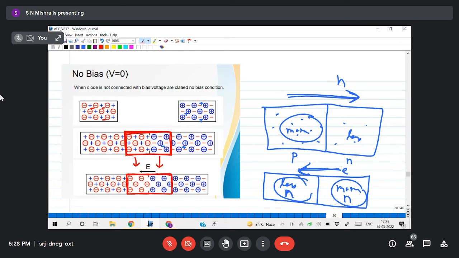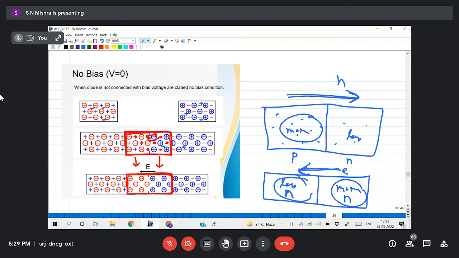Only ions are there. So hole will try to move this direction, electron will try to move this direction. So in that process, electron and hole will neutralize itself. Okay, one electron will combine with one hole, so they get neutralized. So here also this hole and this electron will neutralize, this hole, this electron will neutralize, this hole, this electron will neutralize. Like that, across the junction or near to the junction, both side, hole electrons will neutralize themselves.